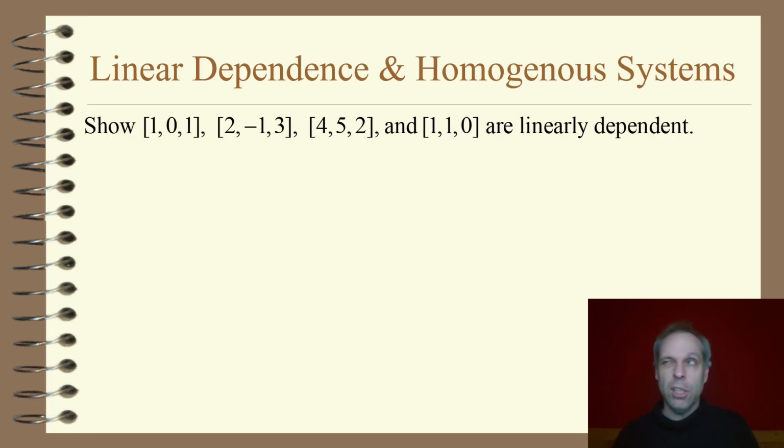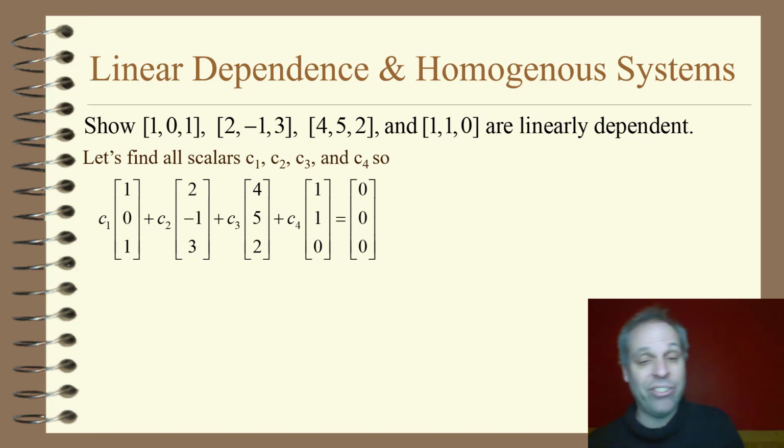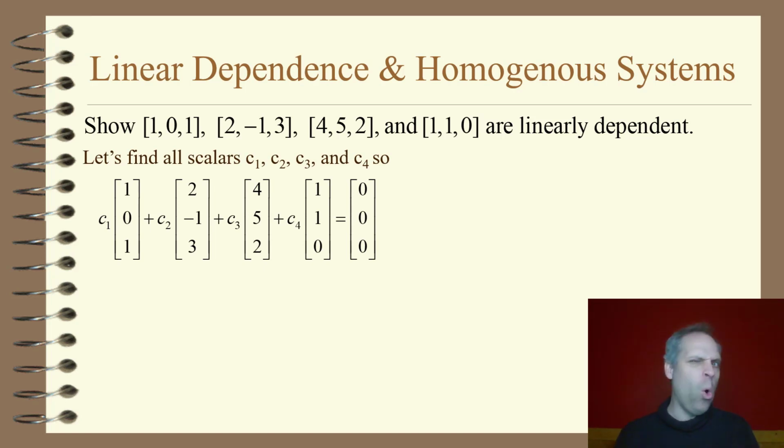Let's try it again, a little more complicated. Let's look at these 4 vectors from R3. I'm going to show you that they have to be linearly dependent. So let's find all possible scalars so that the linear combination adds up to the 0 vector. All I have to do is convince you that there's at least one non-trivial example.